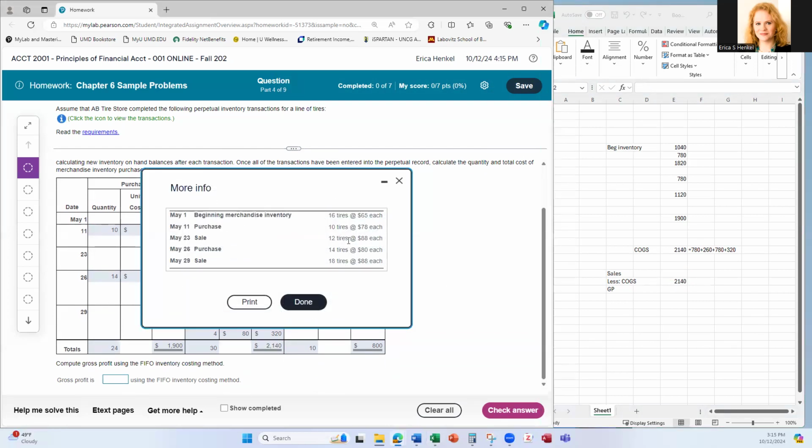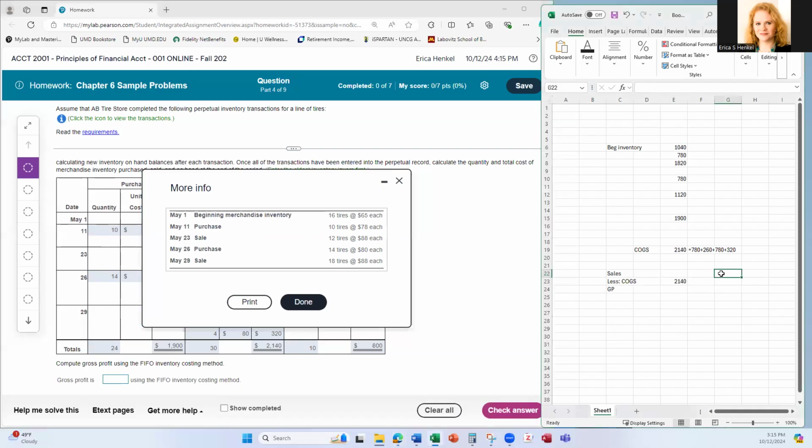So we had 12 tires that were sold for $88 each, and 18 tires that were sold also at $88 on the 29th. So that gets us to total sales here, 1,056 plus 1,584, 2,640 in sales.